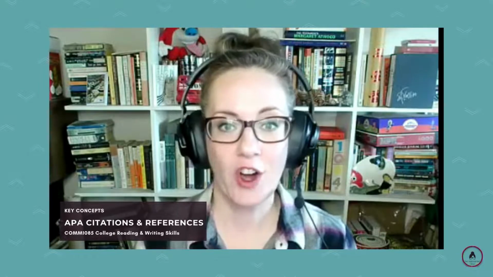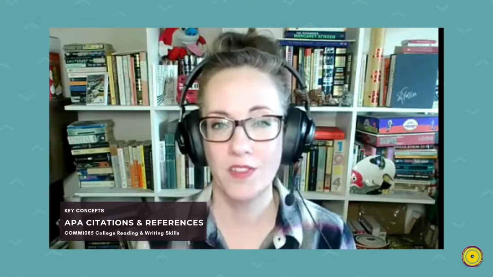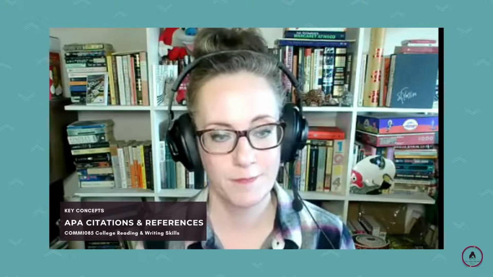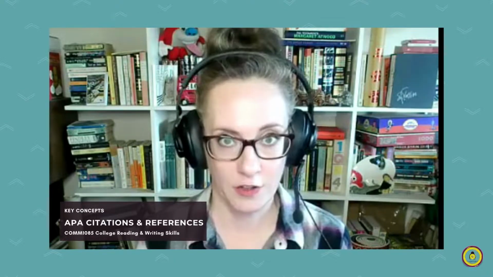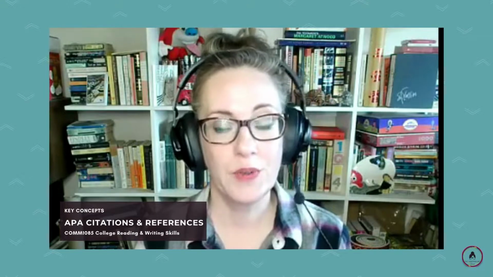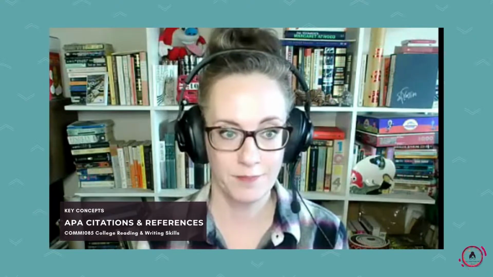Remember that APA at Conestoga not only includes reference formulas for different types of sources, but also examples and help with non-standard sources. If you have any questions about citations, references, or plagiarism, send me an email with your specific concern. Remember to include the name of the concept and the purpose of your email in the subject line.